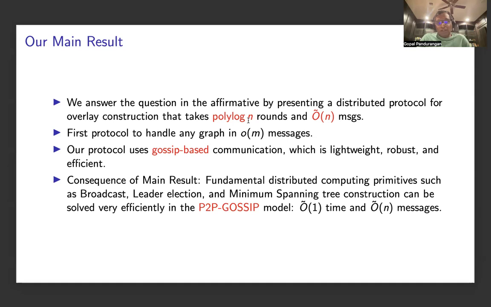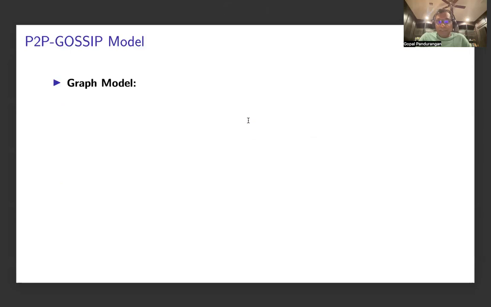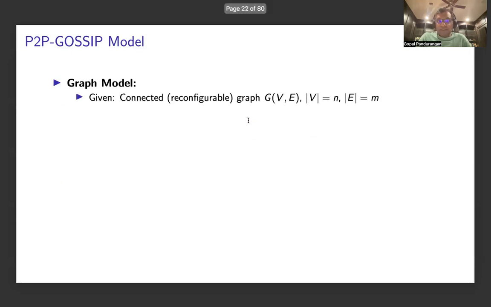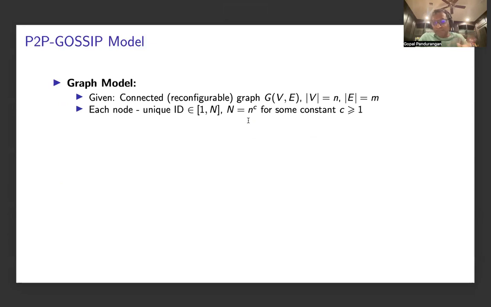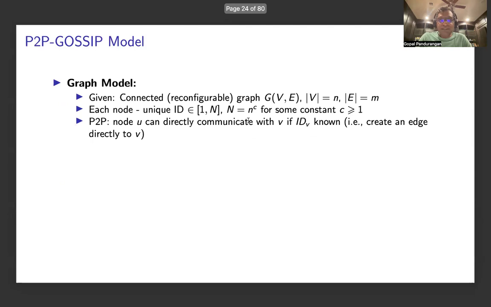Before we talk about the algorithm and the main high-level ideas, let's focus a little more precisely on the model. This P2P gossip model is the same model that is also used in the Anglin paper. You're given a connected reconfigurable graph on n nodes and m edges, and each node has a unique ID with a logarithmic number of bits.